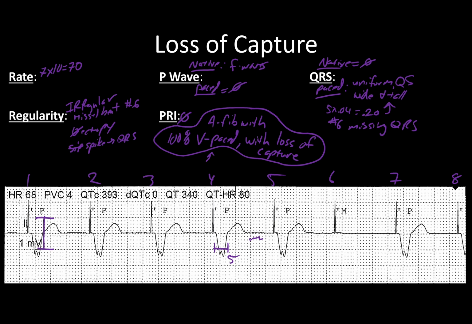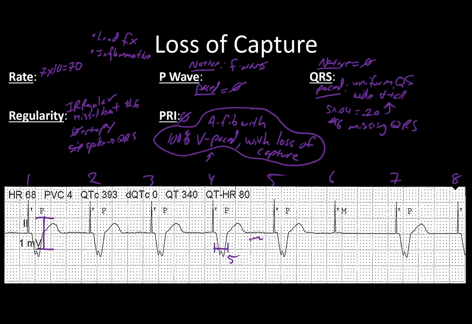Ultimately, to take care of this patient, causes are going to be what we talked about before, which is lead fracture. Inflammation is another good one. If you think about it, you just jammed a wire into the side of the heart. That may be one of the reasons why it's not functioning properly.